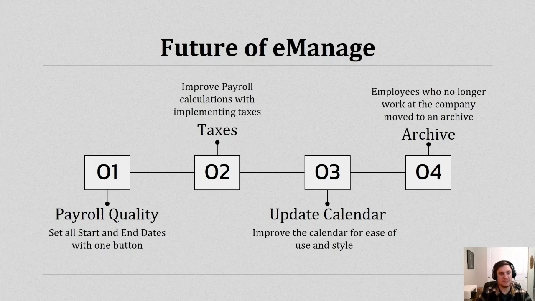I would like to update the calendar to improve the ease of use as well as the styling to the calendar itself. And finally, I'd like to be able to archive the employees that are no longer working for the company. Instead of deleting them from the database, just move them to a new archive table.